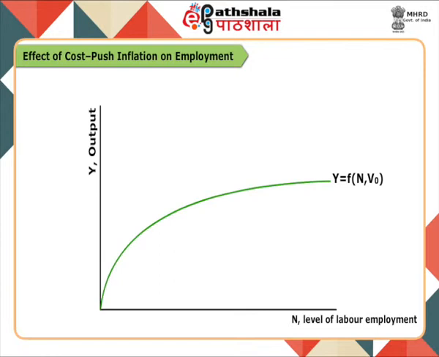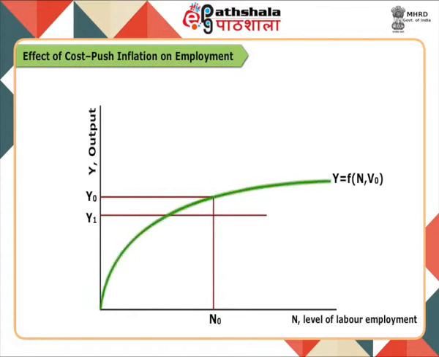V0 represents other factor inputs except labor, which is at fixed level. When the level of output is at Y0, the employment level along with original production function is N0. Due to cost push inflation, the equilibrium output level reduced to Y1. However, the impact of cost push inflation on employment depends upon production function. If production function remains the same, that is, Y = f(N, V0), then employment shall reduce to N1.